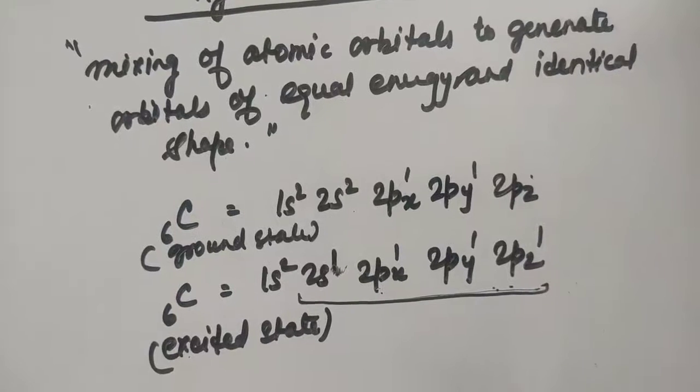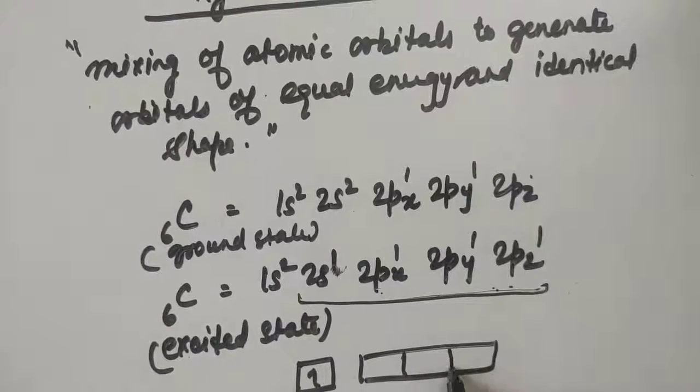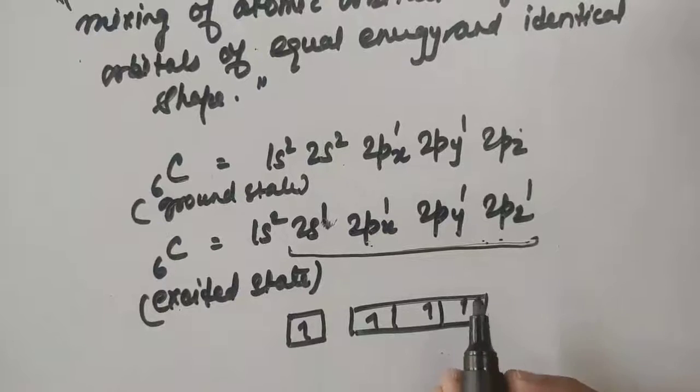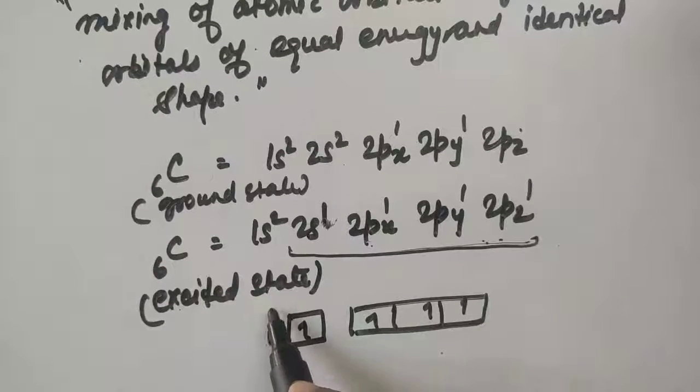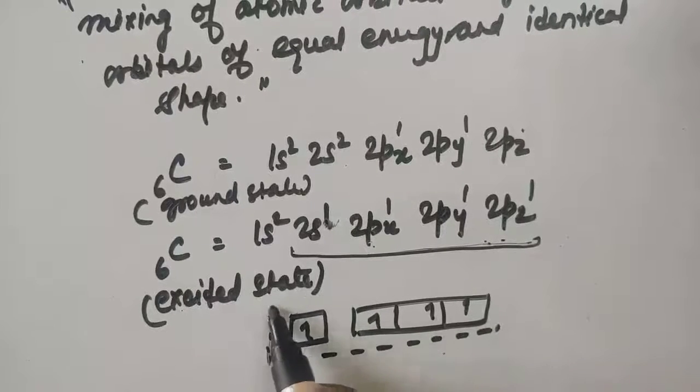This is the excited state configuration of carbon, and after mixing up you can represent it with a dotted line.